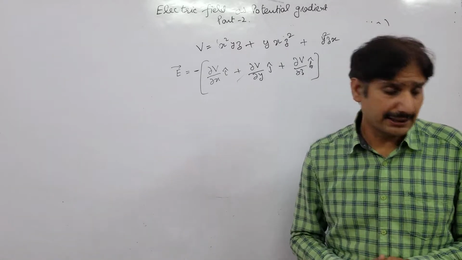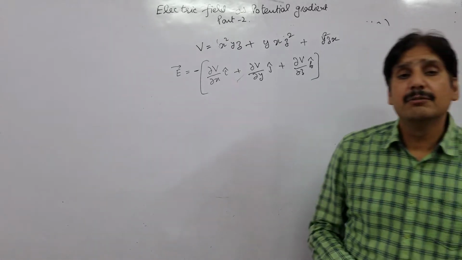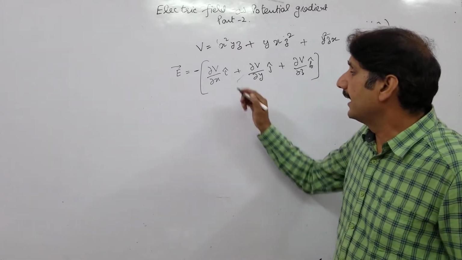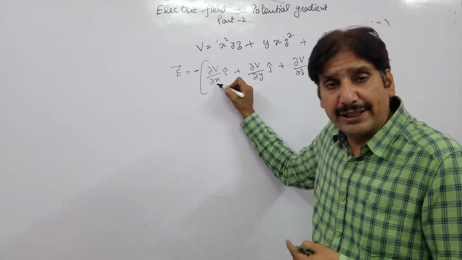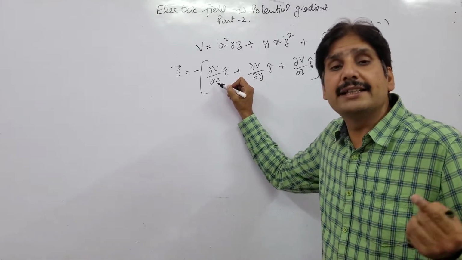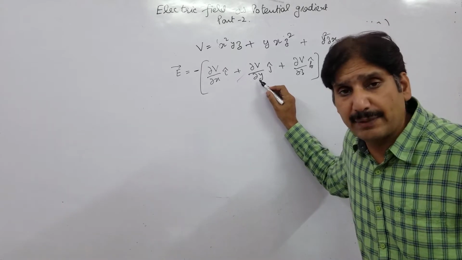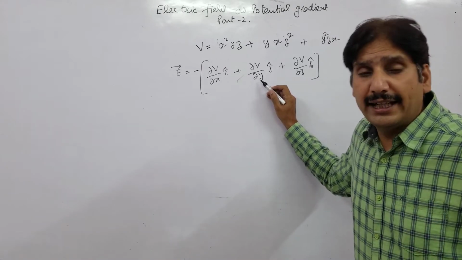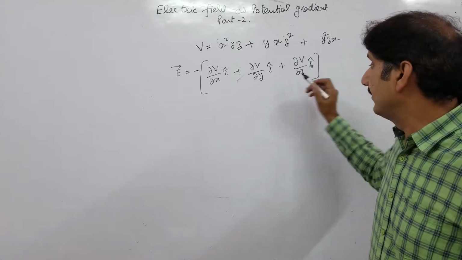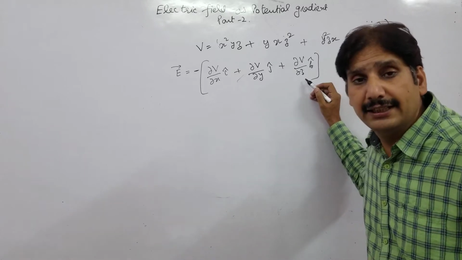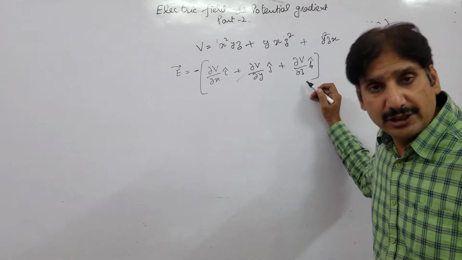Curly by curly X stands for partial differentiation. Partial differentiation means that when I am differentiating with respect to X, I'll assume Y and Z to be constant. When differentiating with respect to Y, I'll assume X and Z to be constant. And when differentiating with respect to Z, I'll assume X and Y to be constant.